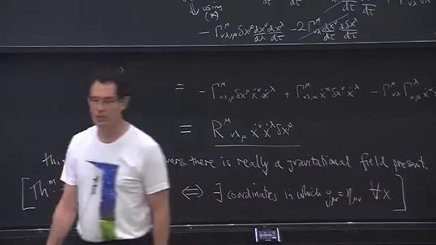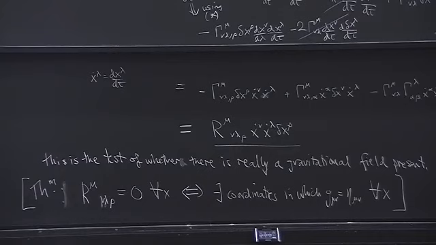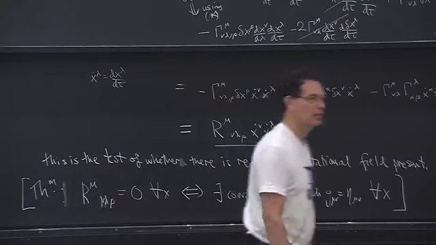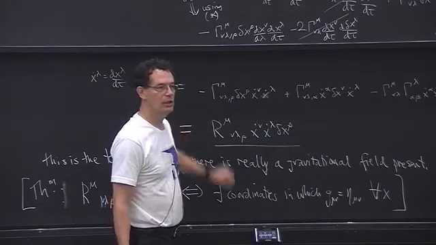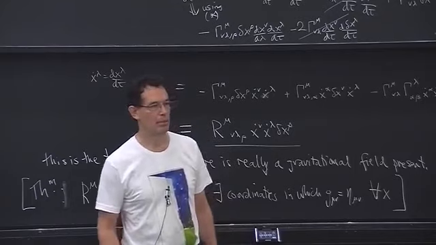Okay, so if the Riemann tensor is 0 everywhere, the space is flat. In the right coordinates, you would just see that the metric is eta. Okay, that's a theorem, and then there would be no gravitational forces at all.